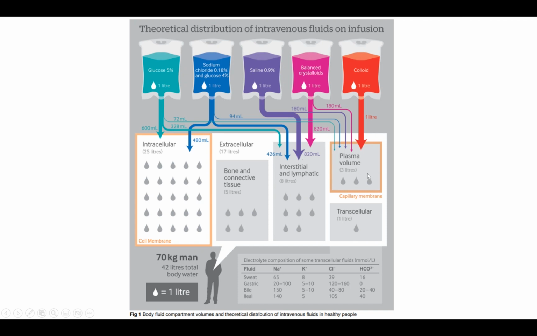So that means that out of the 1 liter, 200 to 250 mL will remain intravascularly, and 750 to 800 will be in the interstitium.